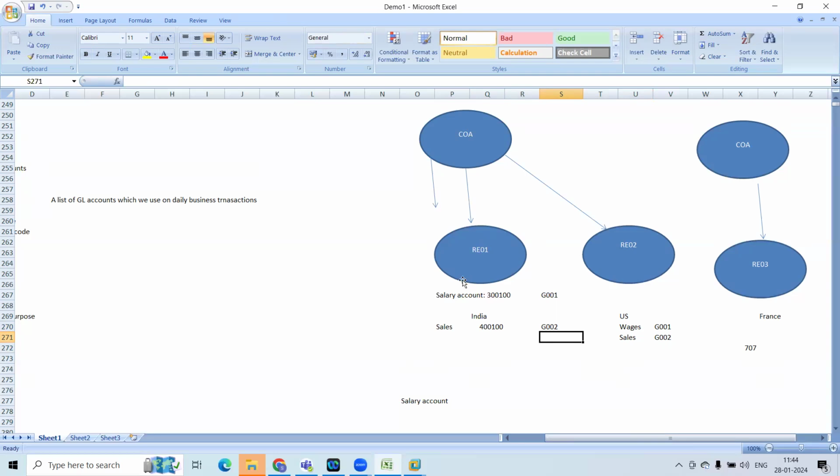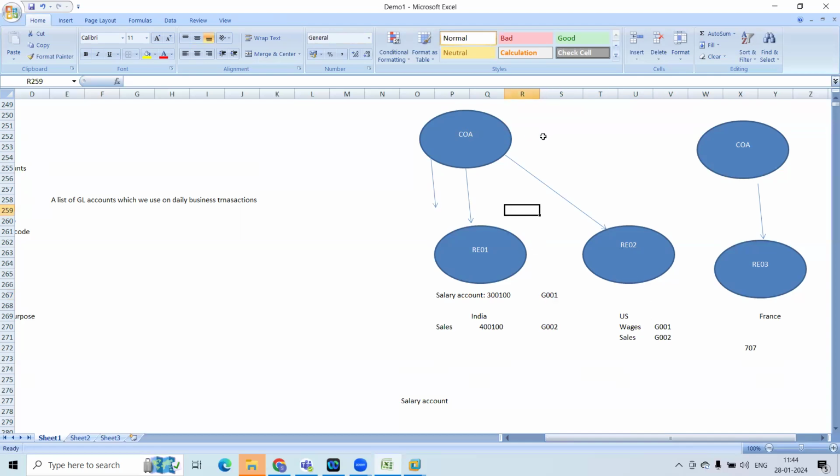In India salaries is 300100, but in the US there is no salaries, only wages. The term is different, but the purpose is the same. But we can create a group GL account and group it. Salary account means in India G001, in the US G001.